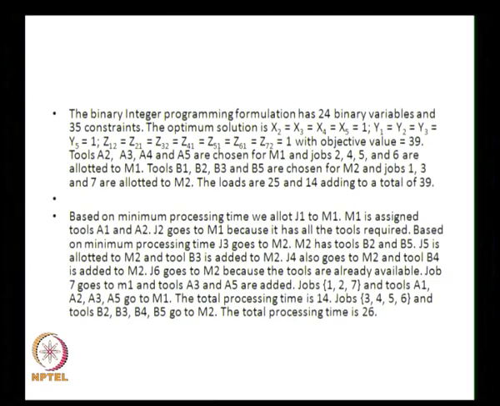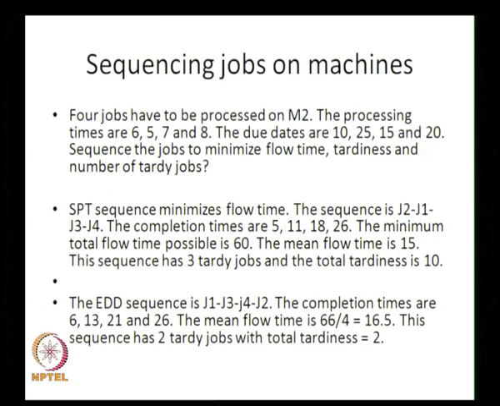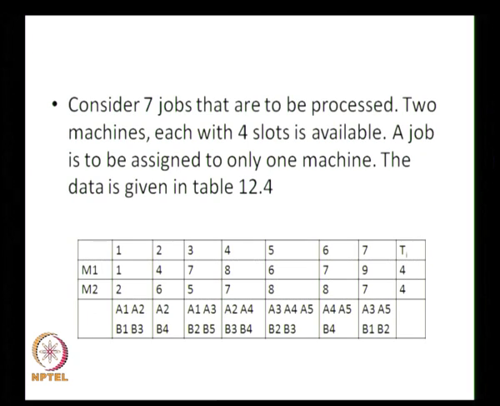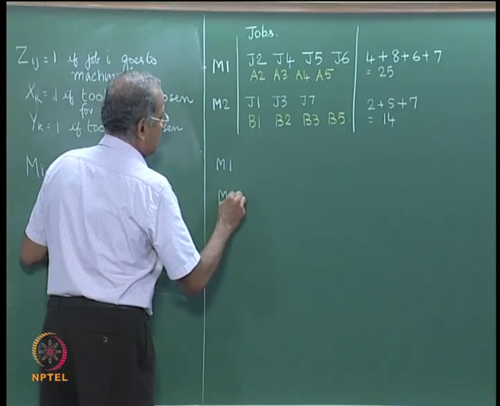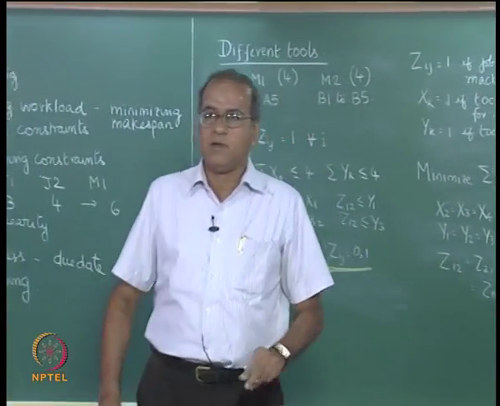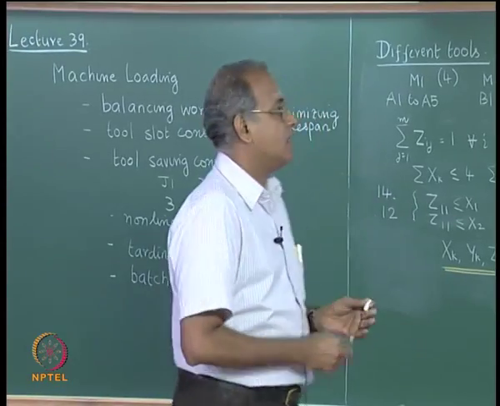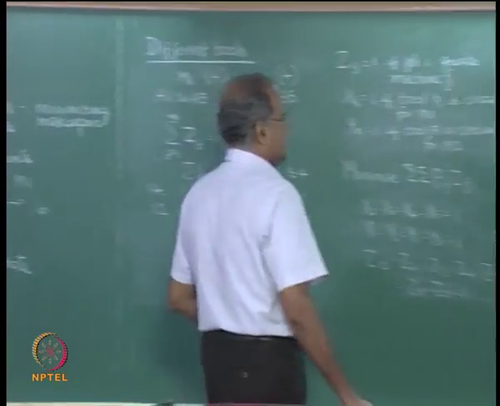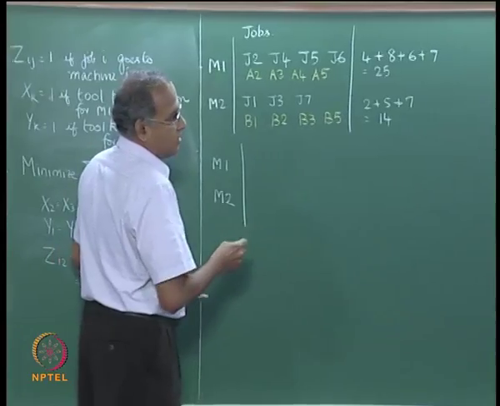Now, let us look at this. Based on minimum processing time, we could think in terms of a heuristic like this. So, let us start assigning them. M1, M2. Based on minimum processing time, let us start assigning. J1 goes to M1.